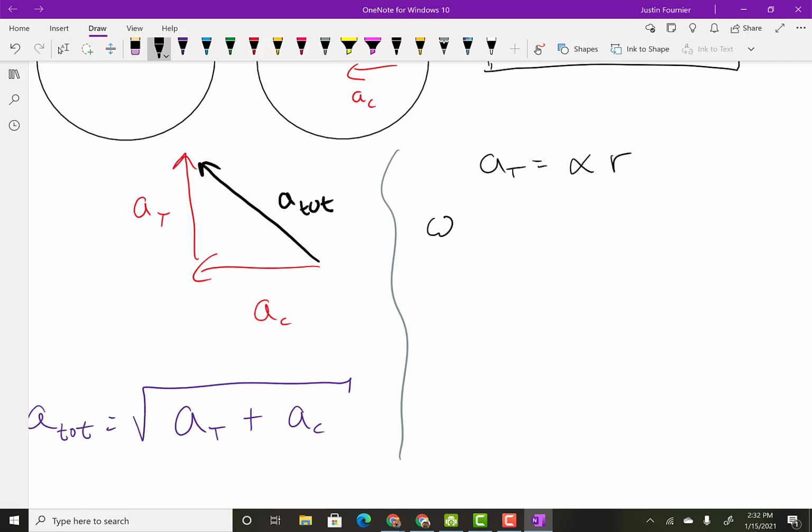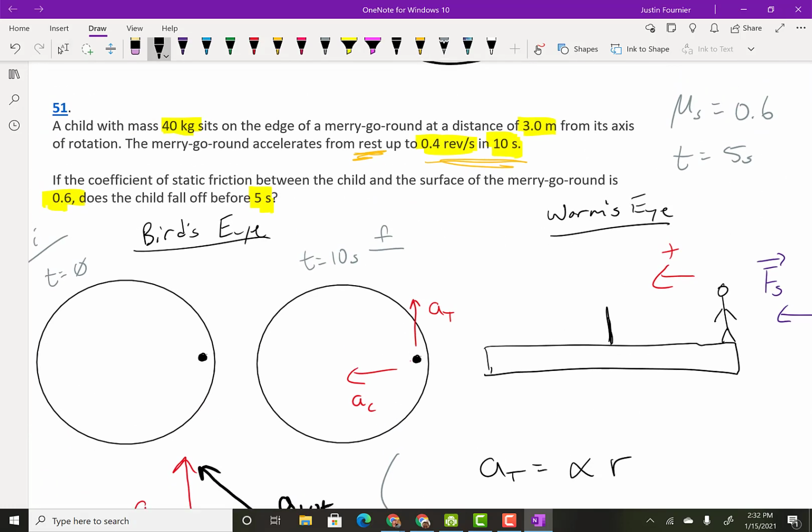And then I'm going to use initial velocity, final velocity, angular velocity, acceleration, delta theta, and delta t to find the angular acceleration. They give me data that it starts from rest and goes to 0.4 revolutions per second in 10 seconds.